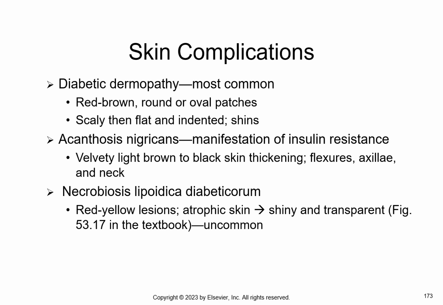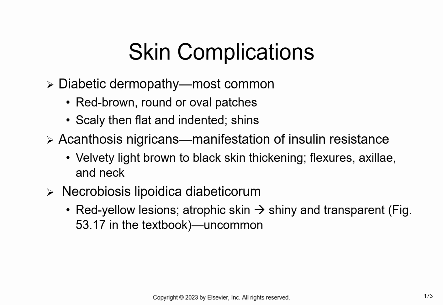We're going on to skin complications. Up to two-thirds of persons with diabetes mellitus develop skin problems. Diabetes mellitus-related dermopathy, the most common skin lesion, is characterized by red-brownish round or oval patches. They initially are scaly, then they flatten out and become indented.